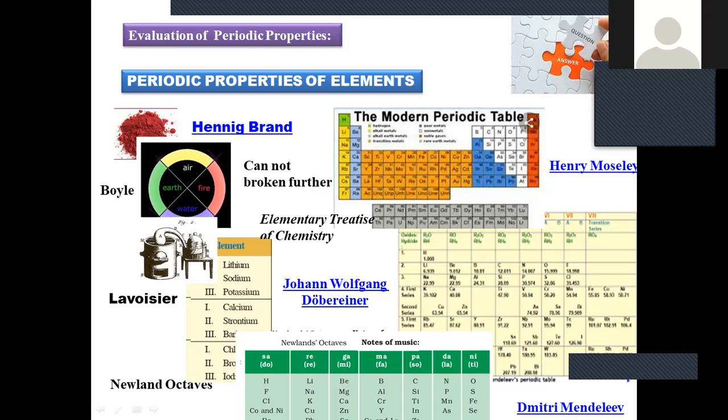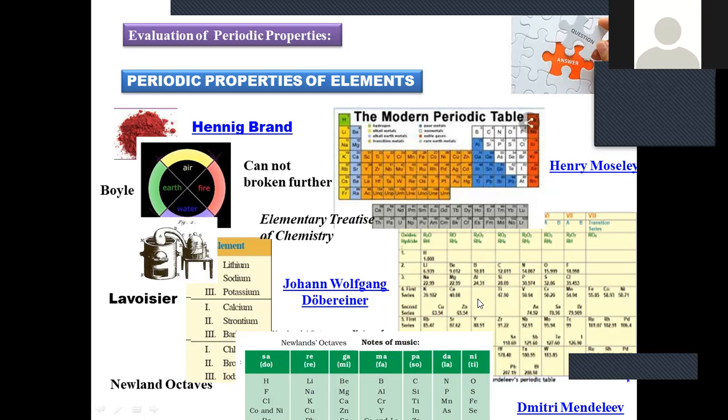So atomic weight is considered for the classification, and at the time he assumed there were certain gaps. At the time all the elements were not well known to us. That's the reason why he framed a periodic table where some empty gaps were kept. New elements were going to be discovered, and those elements would fit in there.